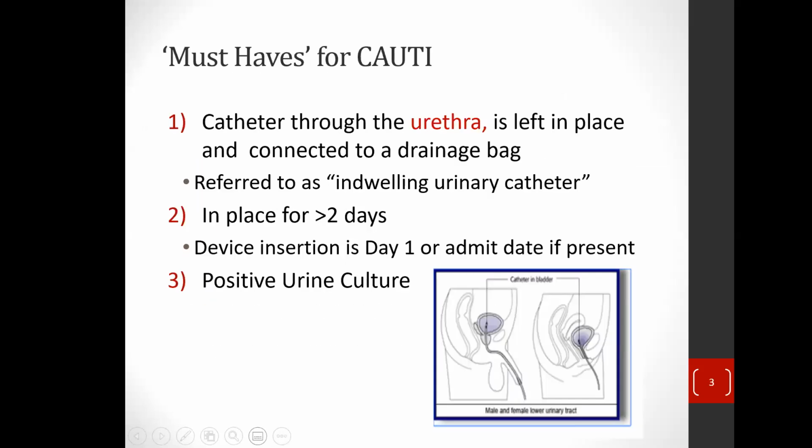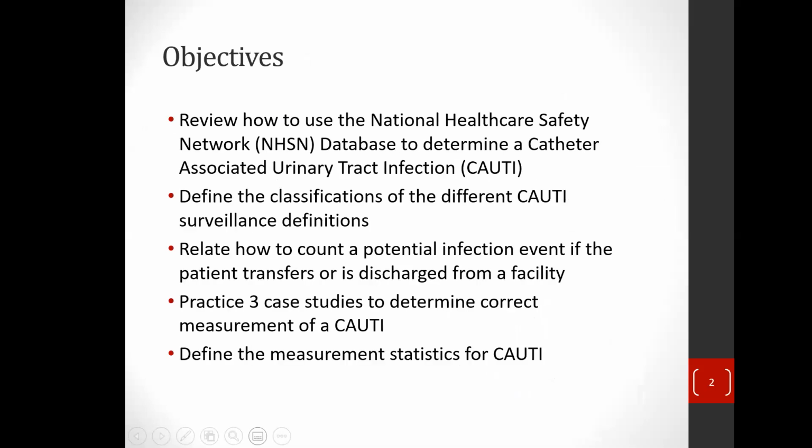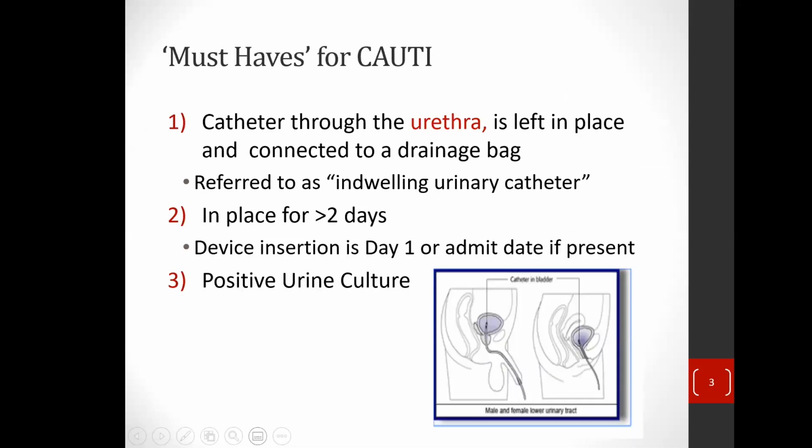And I'm just going to go back here just a minute, just so that you did catch it, because I think it's really important. We have to get these must-haves down in our minds first in order to go forward as beginning information. We have to have a catheter through the urethra that's left in place, connected to a drainage bag.